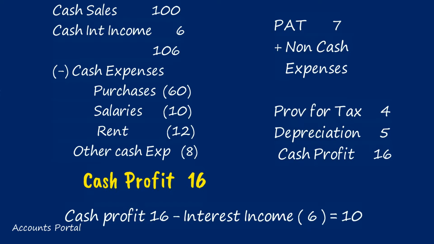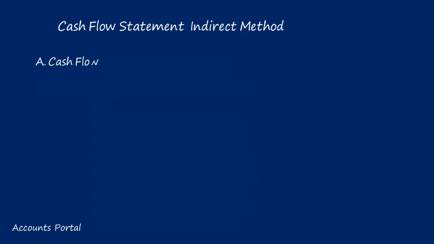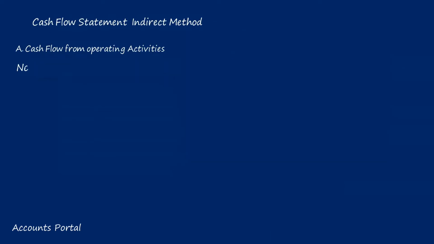I hope you have understood how accounting profit, cash profit and operating cash profit are calculated. Now we will go over the operating cash flow formula and format for the indirect method. In indirect method, there are 3 steps to calculate cash flow from operating activities. Step 1.